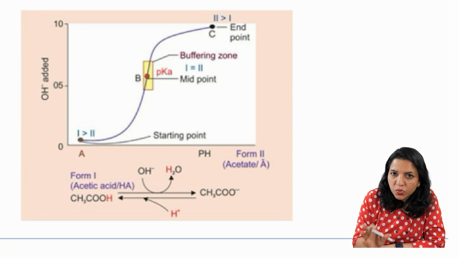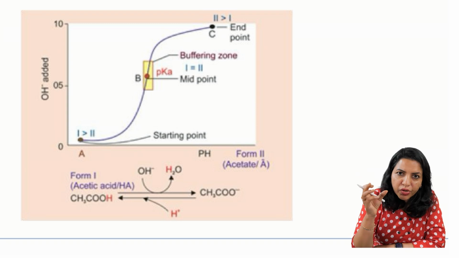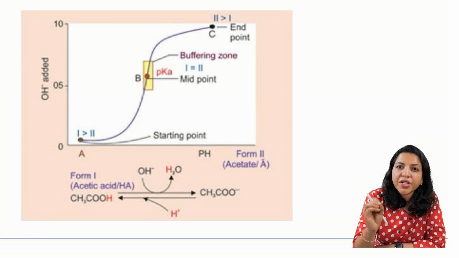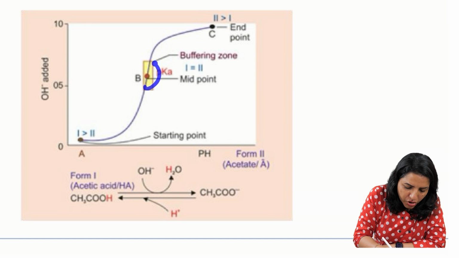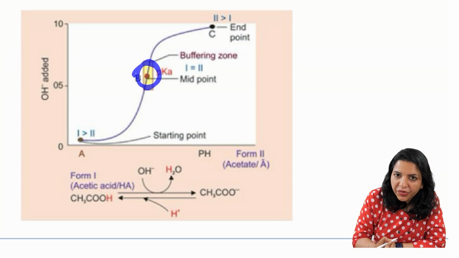So this is what happens, which means that the solution having the maximum buffering capacity is at the point where the compound that is present in the solution is in a partially ionized state. This is called as pH is equal to pKa. And what is the buffering range?